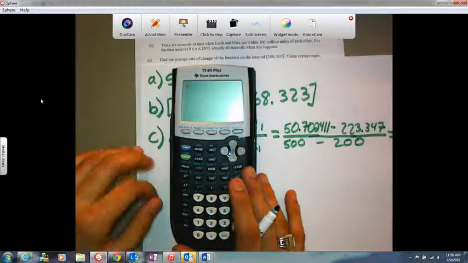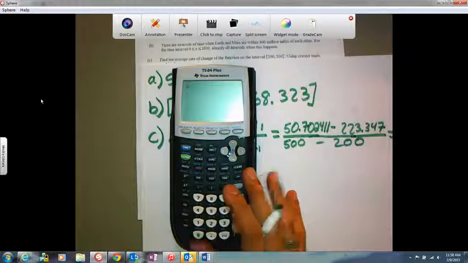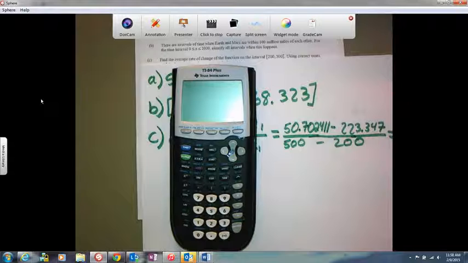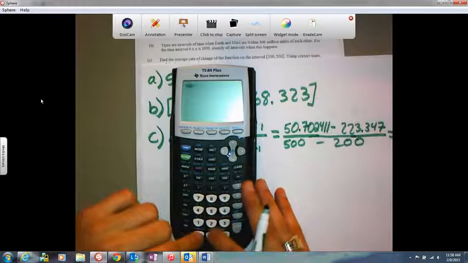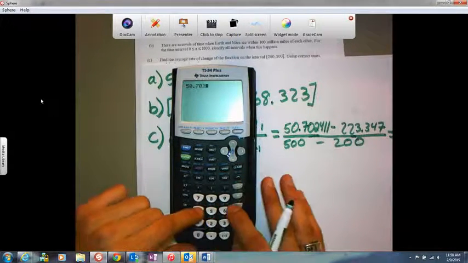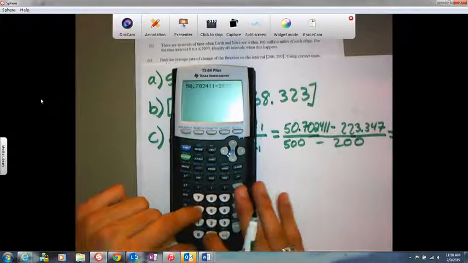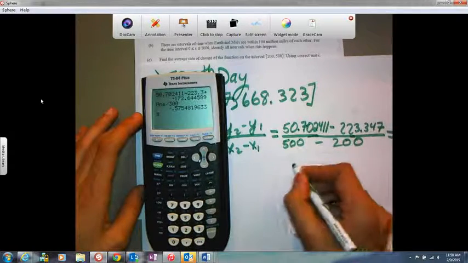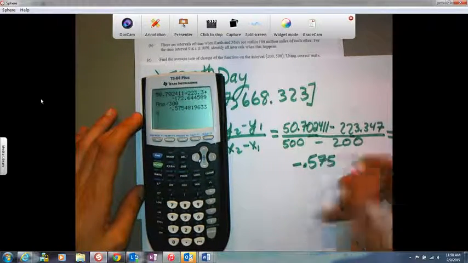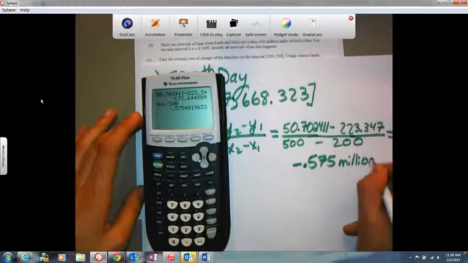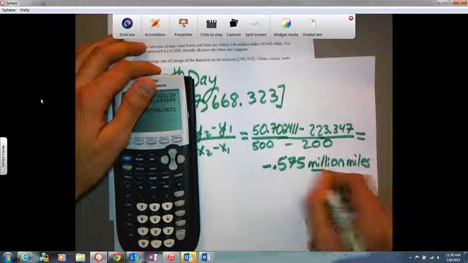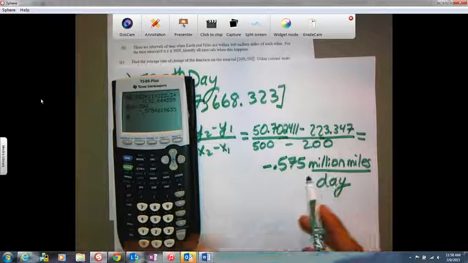So this is a 2-point question, 1 point for getting the answer to this with the unit, and the second point for the sentence. Please make sure your answer is accurate to 3 decimals. So this is how you would do it on the 83 or 84.